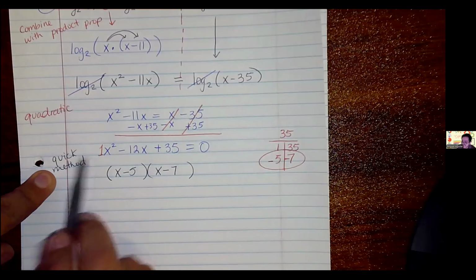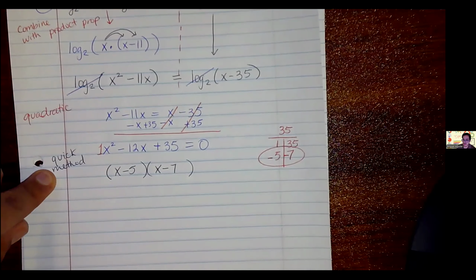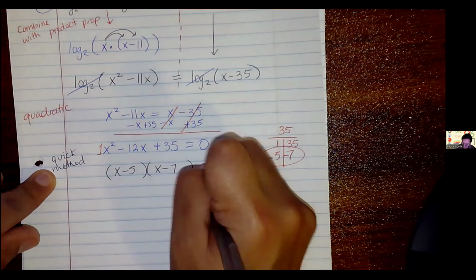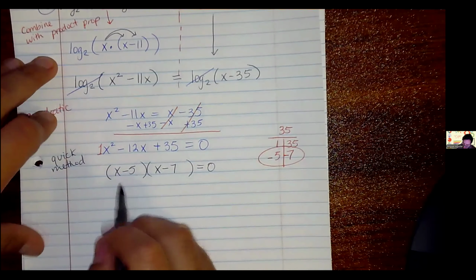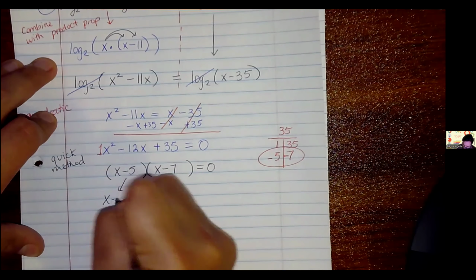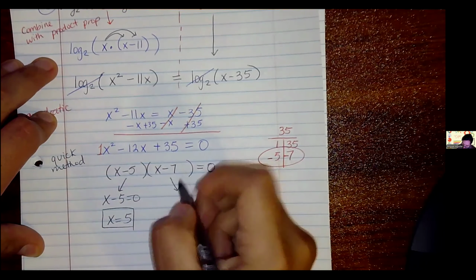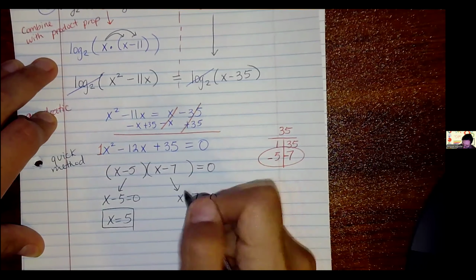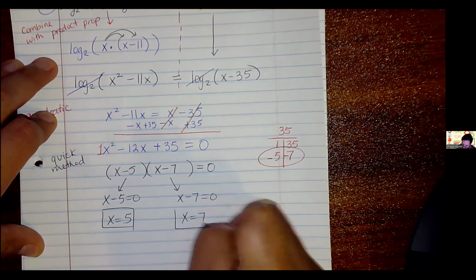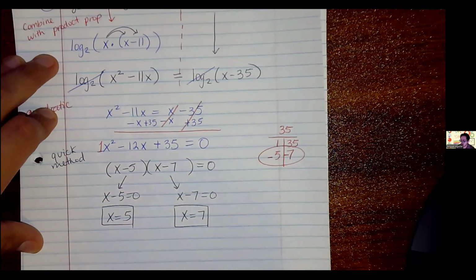If that's not a 1, I can't do the quick method. Equals 0. So if I set this guy equal to 0, x minus 5, then we get x is equal to positive 5. And if I set this one equal to 0, x minus 7, I get x is equal to positive 7. Okay? Let's zoom out.